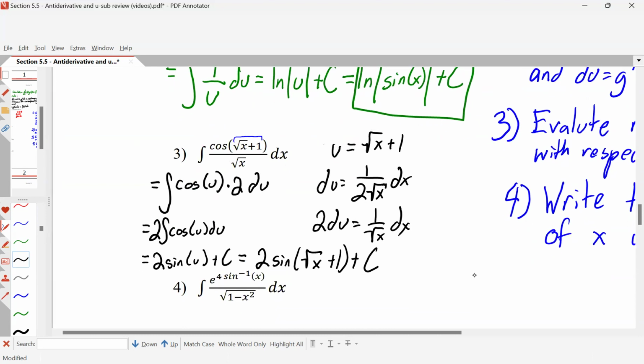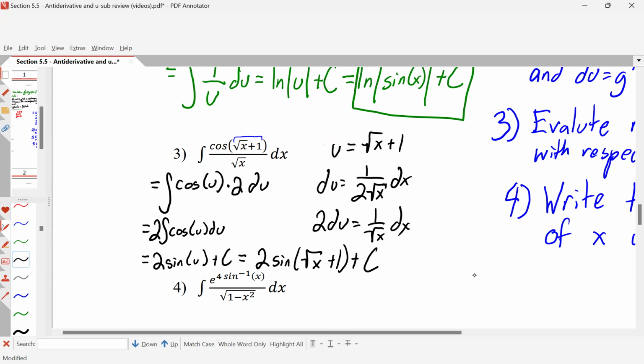And now our last example. We have e to the 4 sine inverse x dx over the square root 1 minus x squared. This integral looks very complicated.